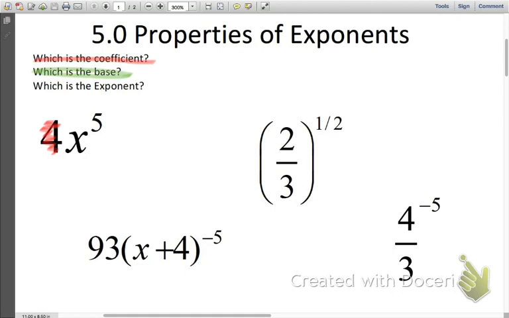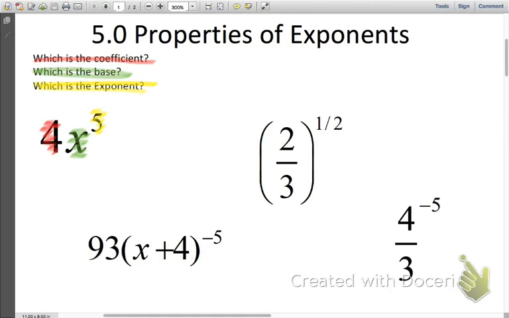What is getting multiplied by itself multiple times? The x. So the x would be the base. And lastly, which one is the exponent? The 5. So the coefficient is just if we're multiplying something, if it has a number out in front of whatever is being taken to a power.